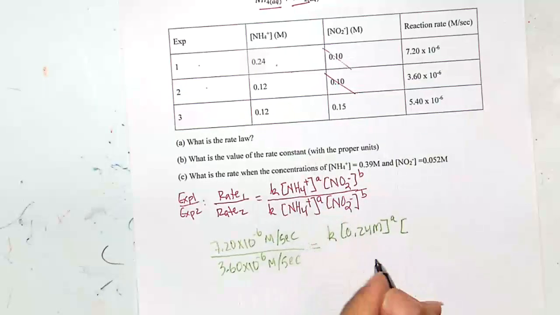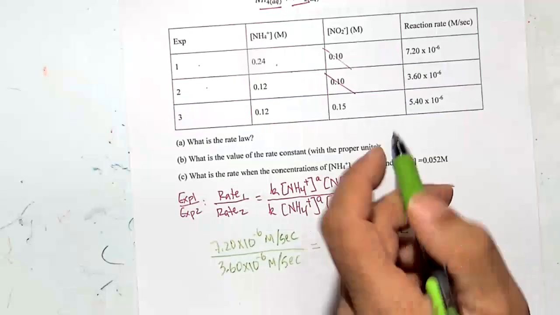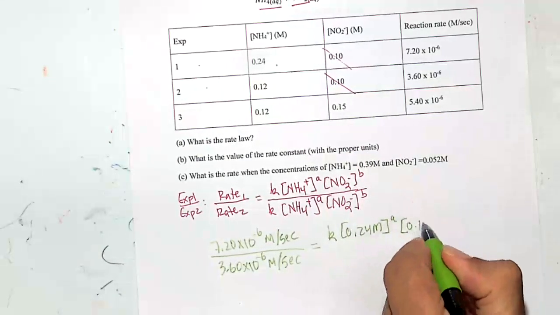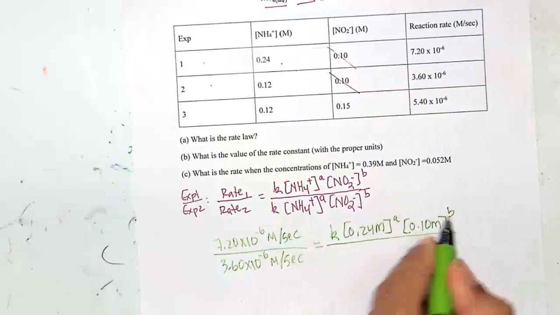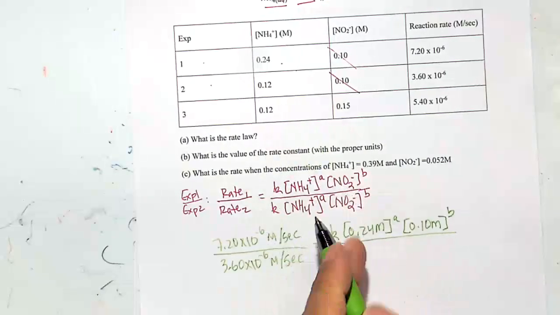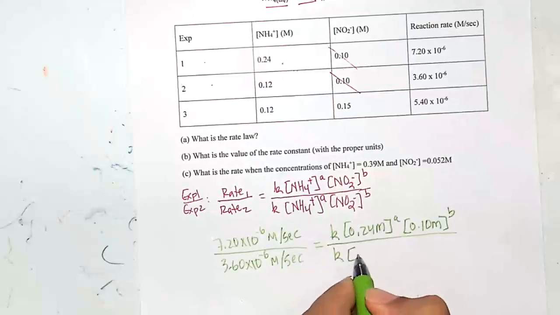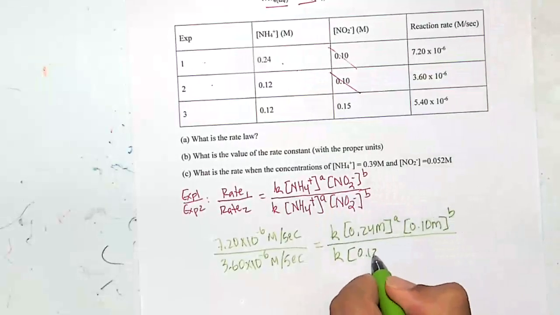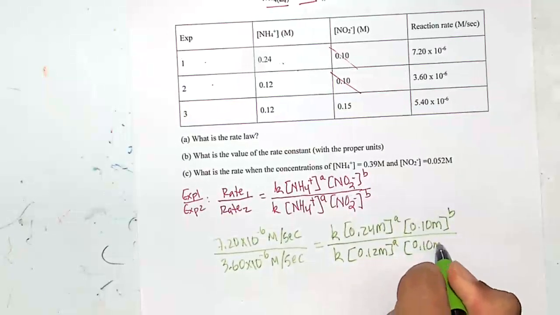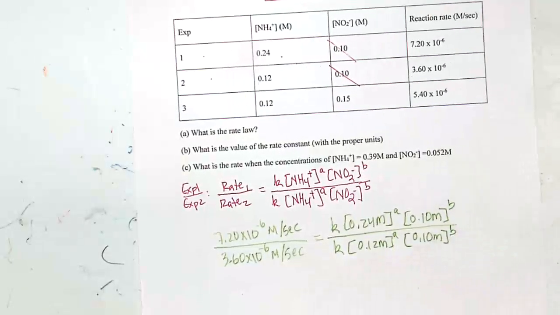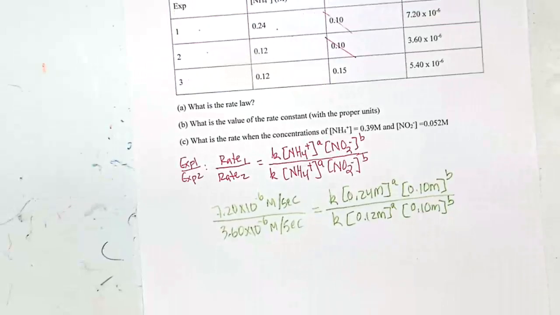NO2 minus raised to the power of B: what is NO2 minus? 0.10 molar, raised to the power of B. Okay, let's do rate 2 now: 0.12 M raised to the power of A and 0.10 M raised to the power of B.